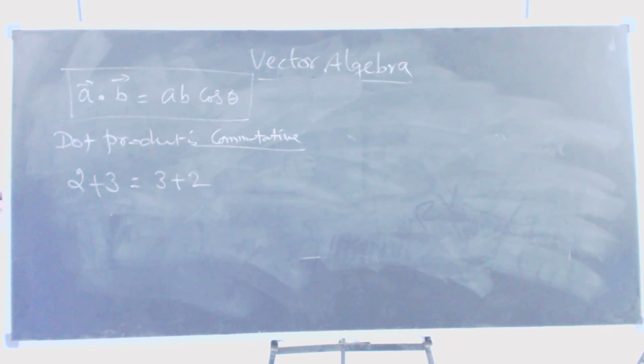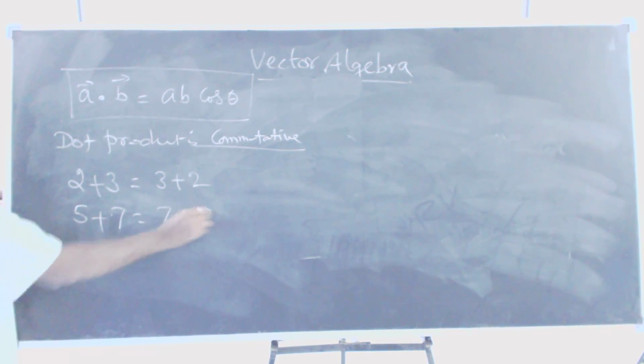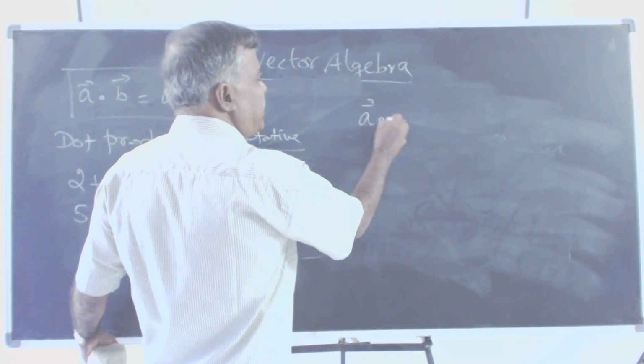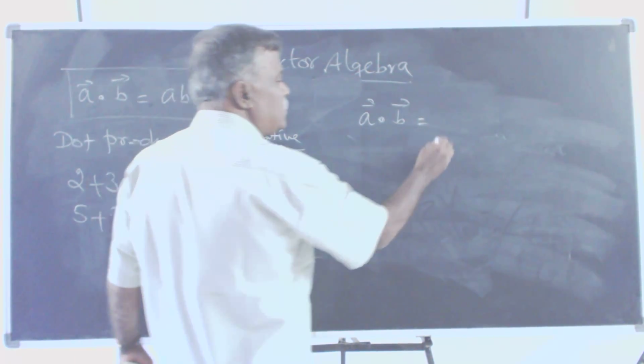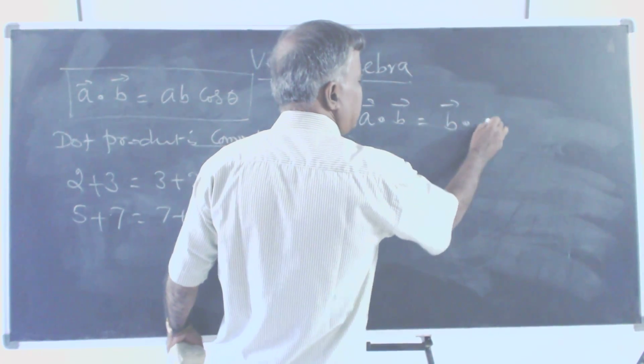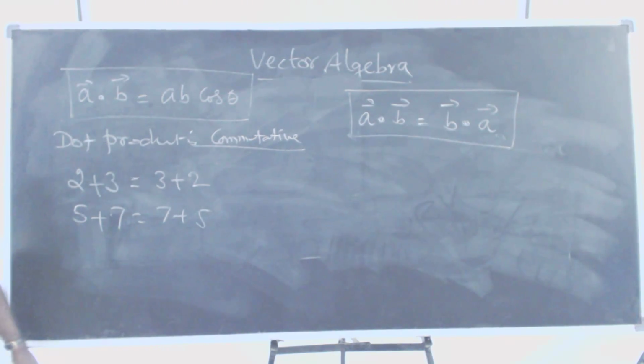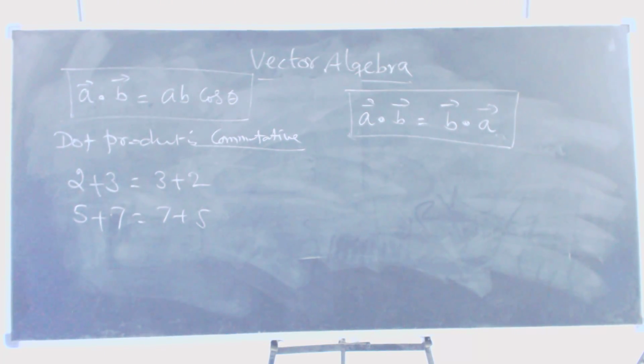Addition is commutative over real numbers. அதே போல் 5 + 7 that is 7 + 5. அதே மாதிரி dot product is commutative அப்படின்னா A dot B equal to B dot A. A dot B can be written as B dot A. A dot B நாலே ஒன்று தான், B dot A நாலே ஒன்று தான், ஒன்றும் தப்பு கிடையாது.